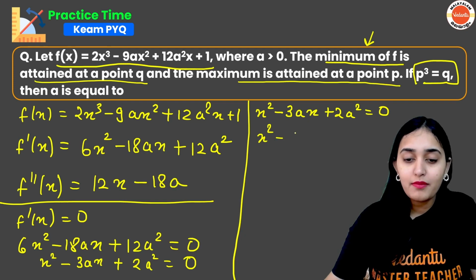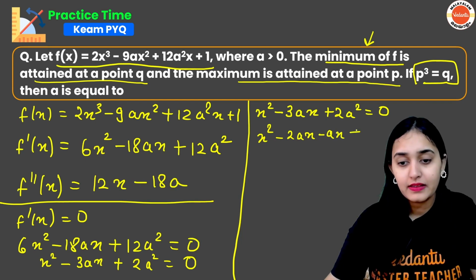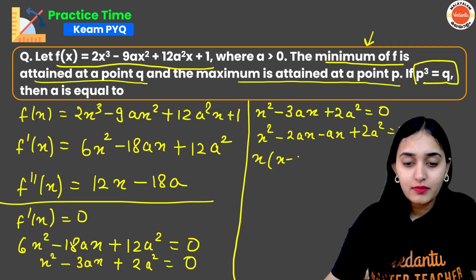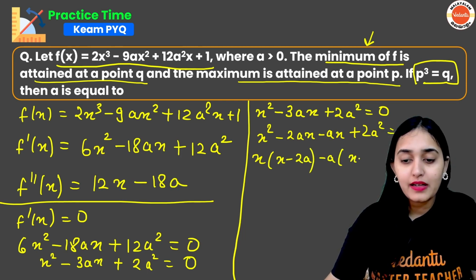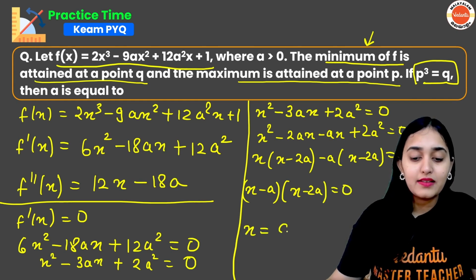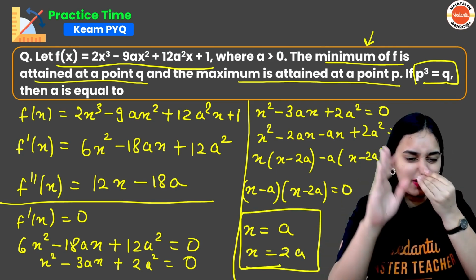So x square minus 2ax minus ax plus 2a square is equal to 0. x common, x minus 2a, then minus a common, x minus 2a equals 0. So x minus a into x minus 2a is 0. This implies that x is equal to a, x is equal to 2a.